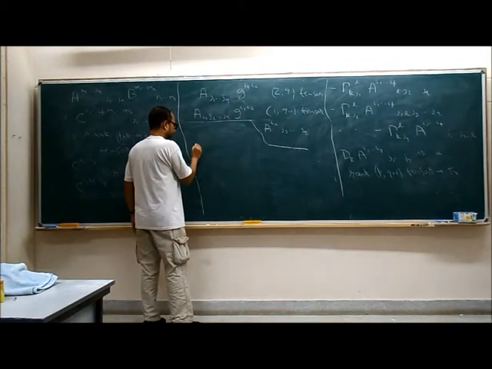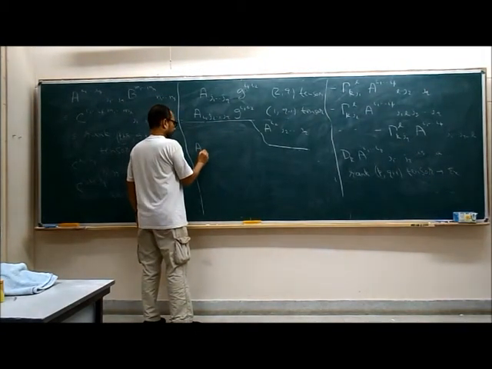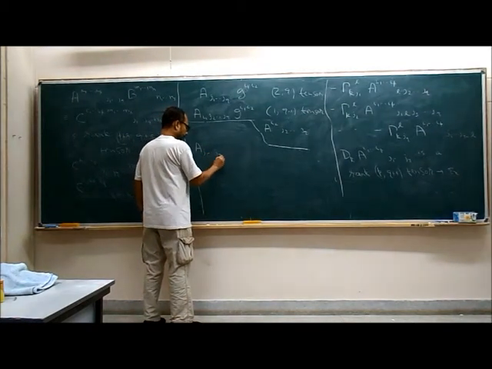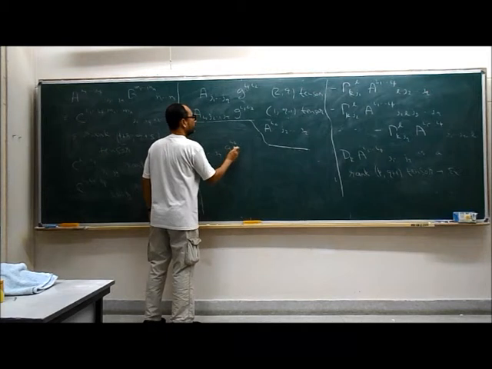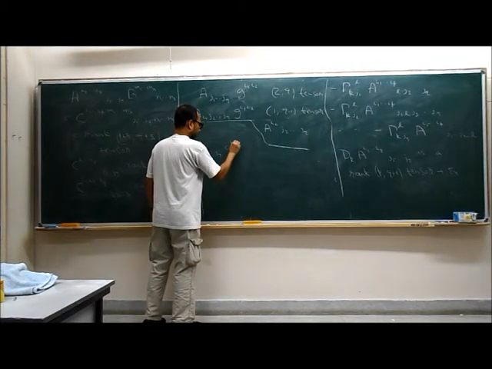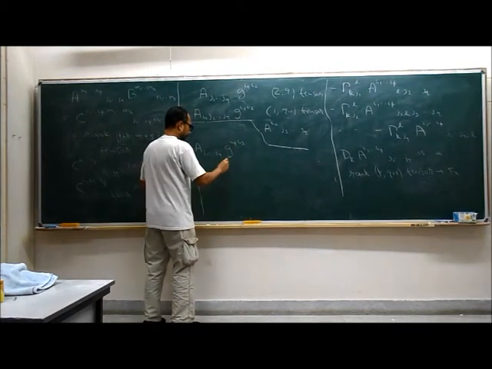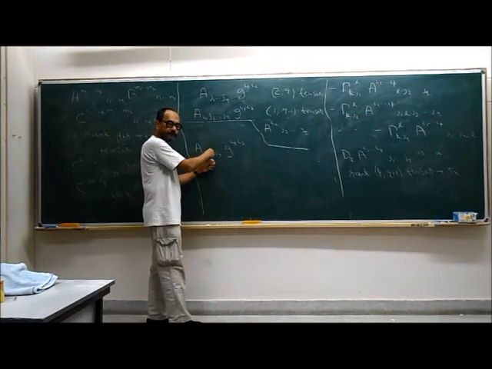So for example, let's take another tensor A J1 to JQ, and suppose you multiply by G I1 I2, and then set I1 equal to J2 and sum.